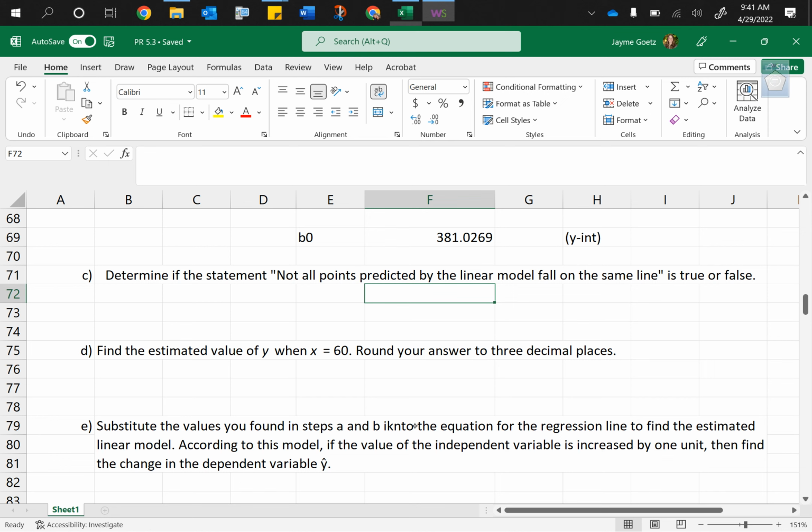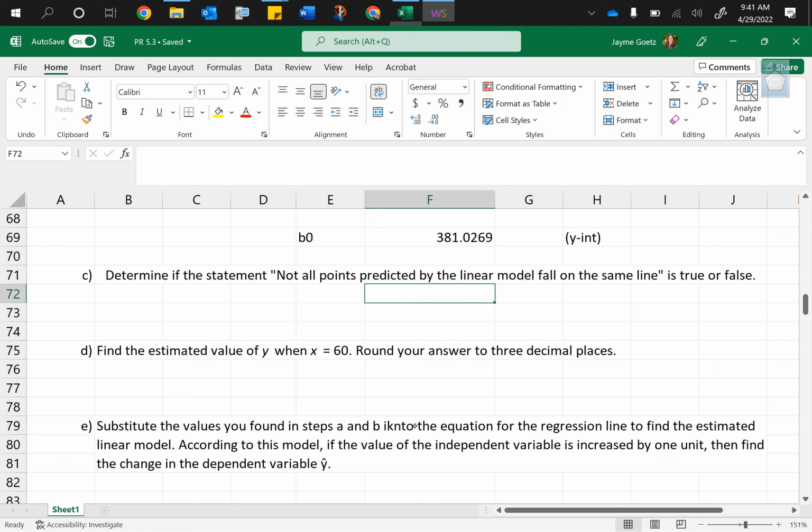So the linear model is going to look like this. Y hat equals b sub 0, 381.027 minus 0.992x, right? Isn't that my linear model? That's what I found out. They want to know if every single point predicted by this formula is going to be on the same line.